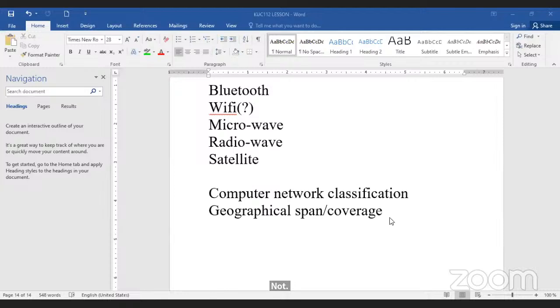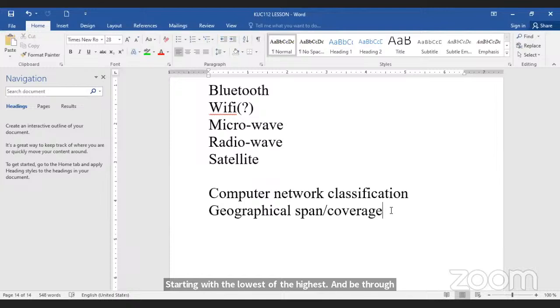We have various categories when it comes to geographical span. Maybe through the charts, how can we classify networks depending on the coverage, starting with the lowest to the highest? Let us engage through the chart and see.